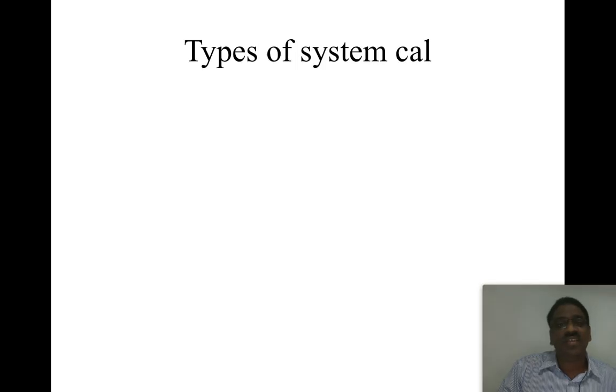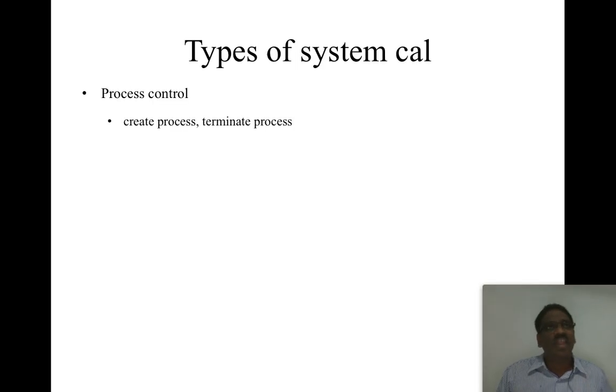Next one is types of system calls. There are a lot of system calls. For example, one is process control, how the data is processed. First of all, creating a process, termination of process. Next one is end and abort.